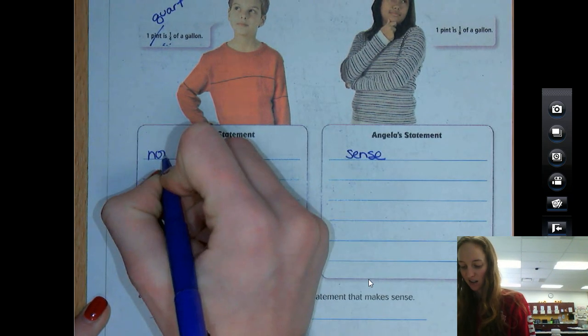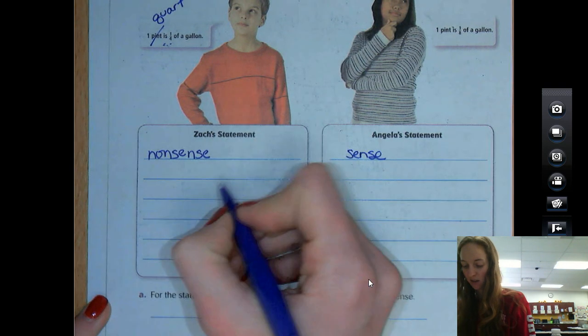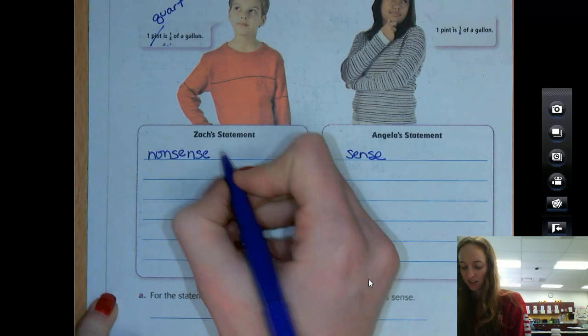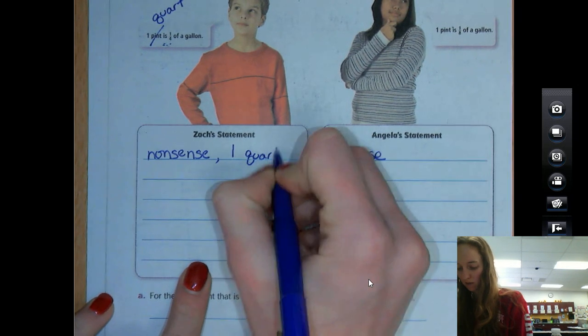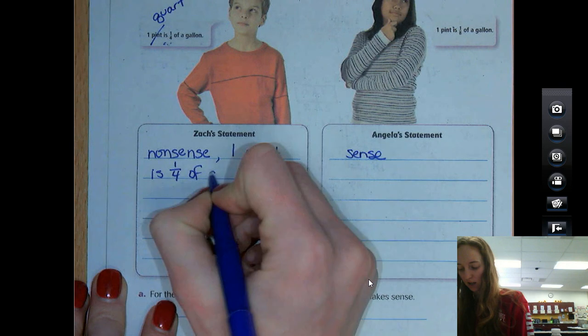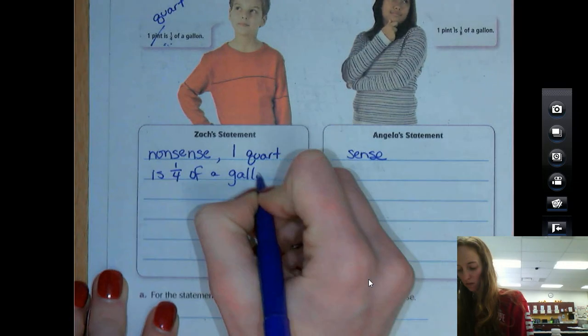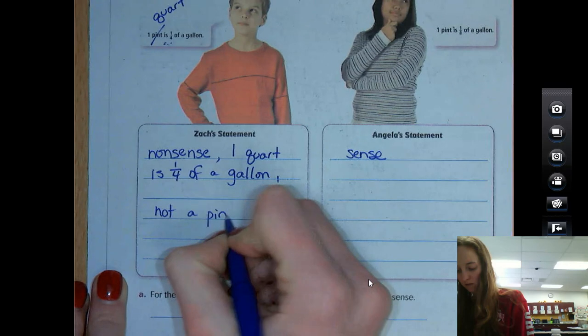He is nonsense. Right, girls? Just kidding, boys. Okay. He is nonsense. 1 quart is 1/4 of a gallon. Not a pint, right?